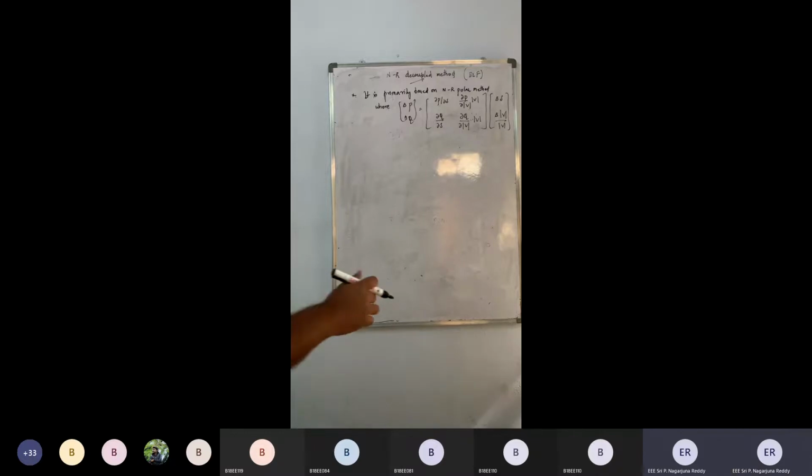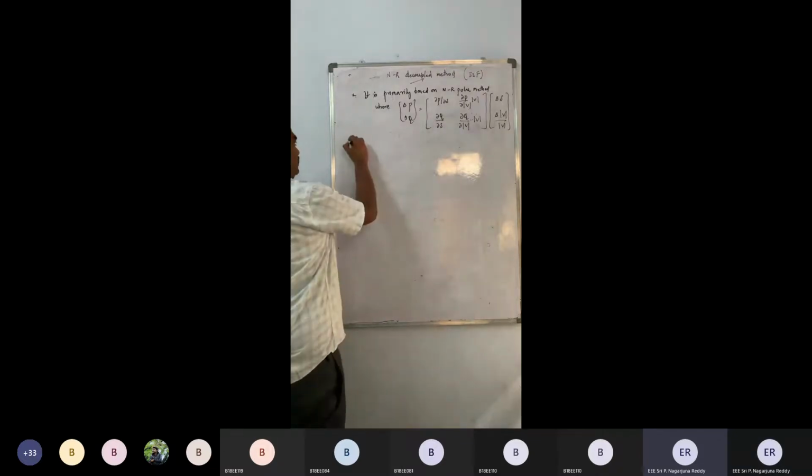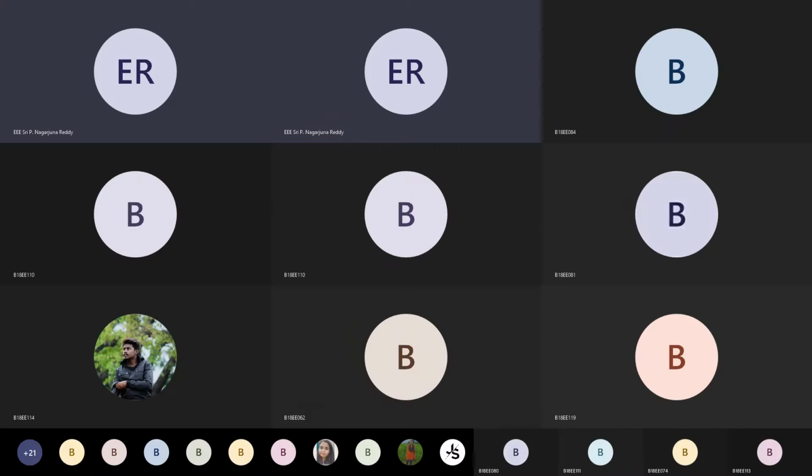In this one, there are certain approximations which are considered.